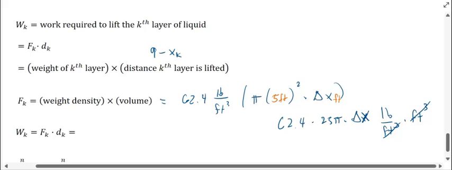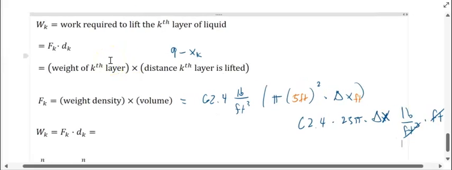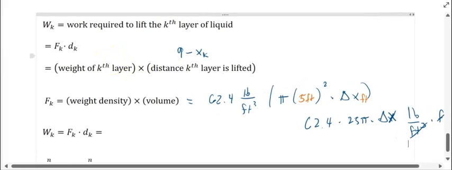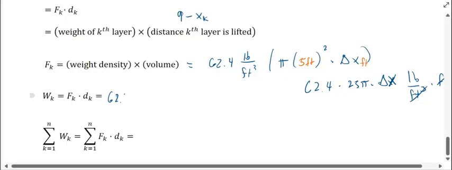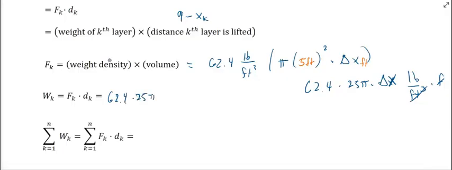We'll have pounds, which is what it should be for the units for force. All right, so now getting down to building this up. Our force was 62.4 times 25 pi times delta x. Our distance that we're moving it is 9 minus x sub k.